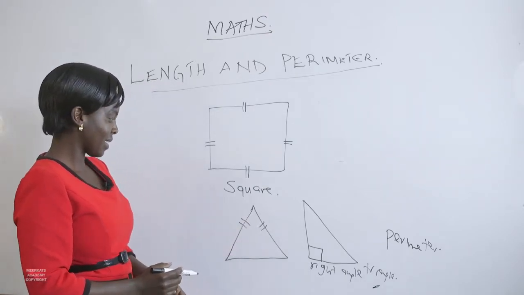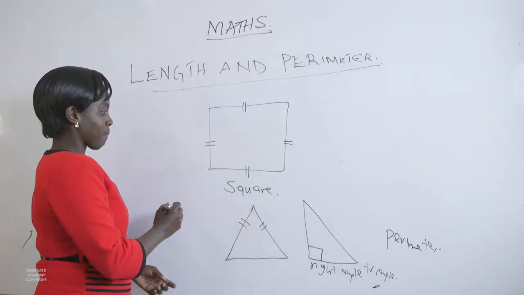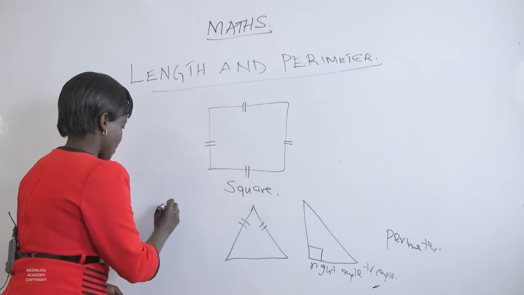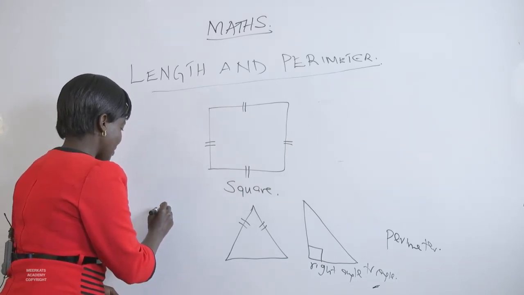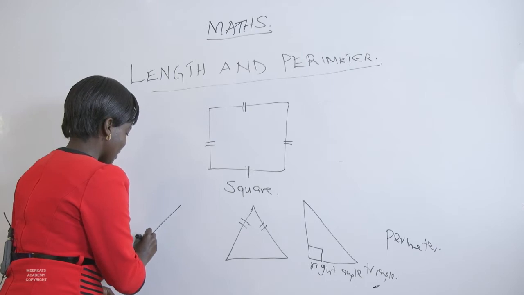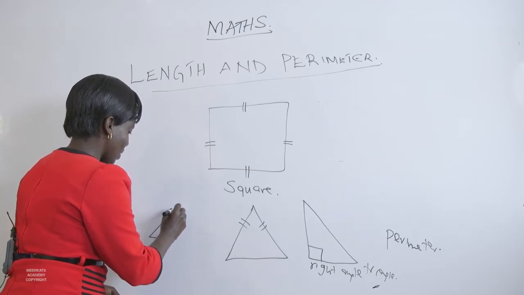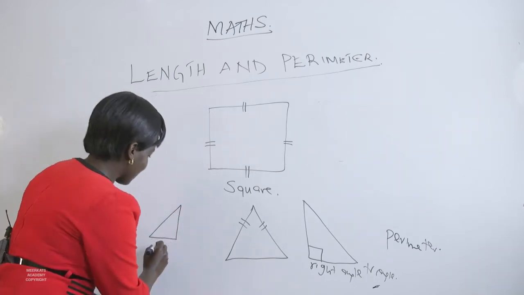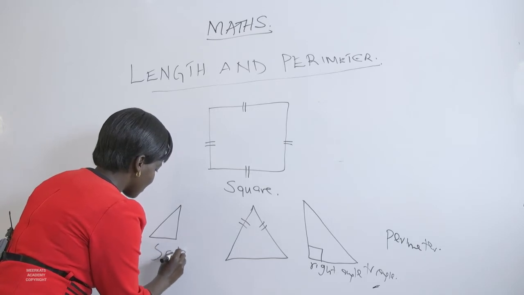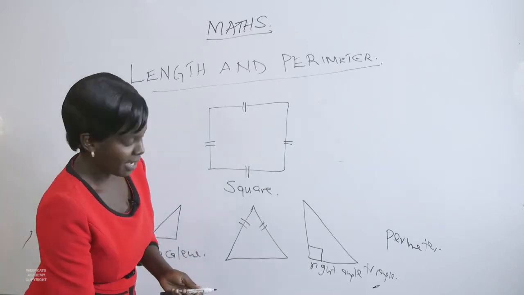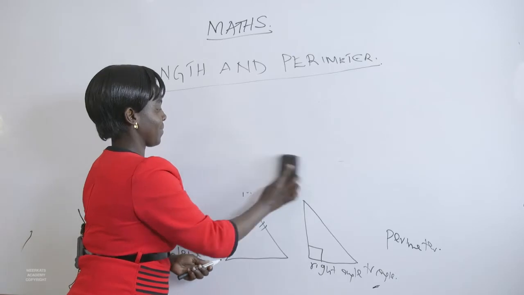We also have another triangle, the scalene triangle. A scalene triangle means there is no side that is equal to another. We also have a parallelogram.